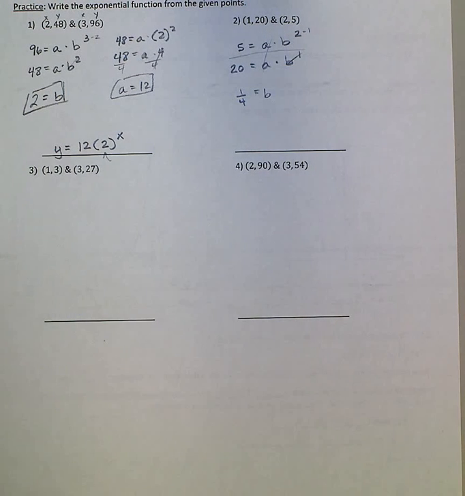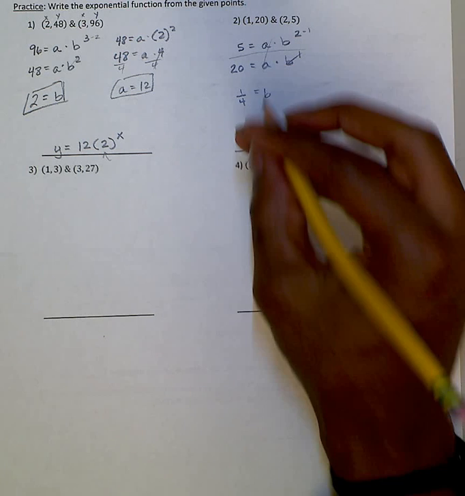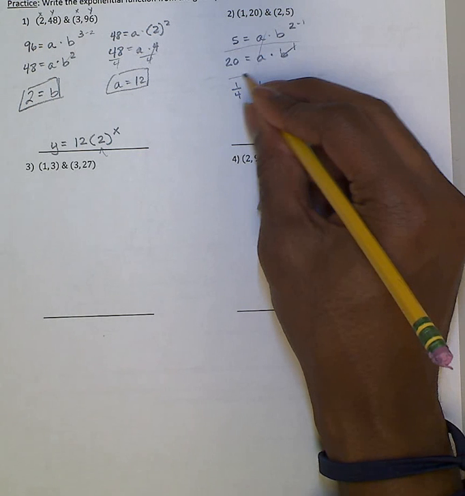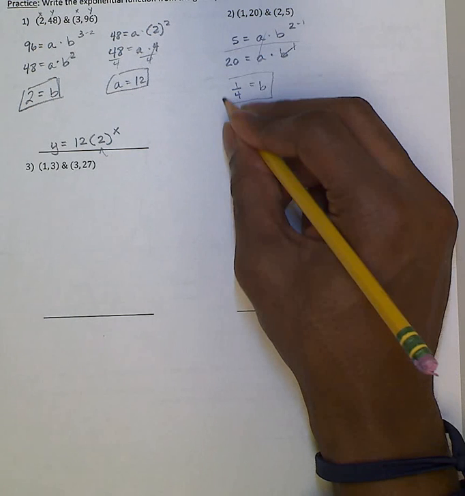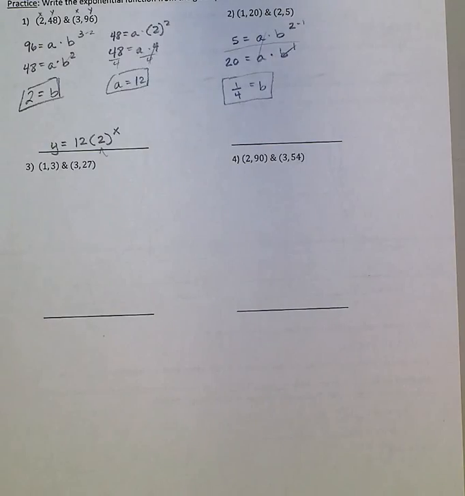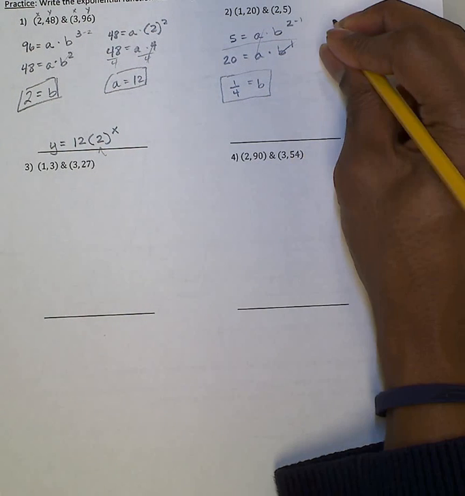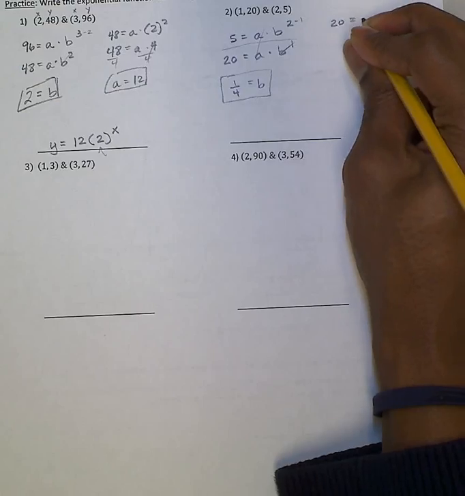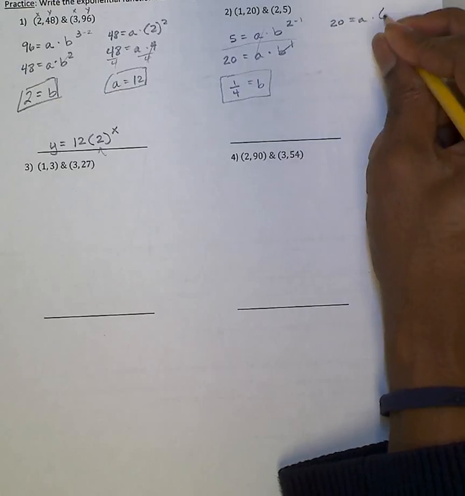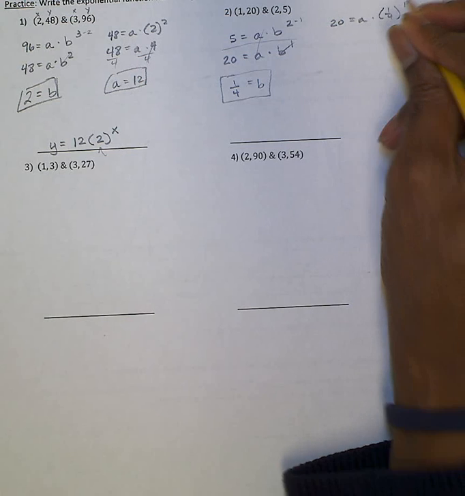Okay, and now in this case we can understand that it's a decay function. Our decay rate is 1/4. We can plug that back in to find out what a is. I'm going to plug it into the second one because smaller numbers. So 20 equals a times 1/4 to the first power, so it's just 1/4.